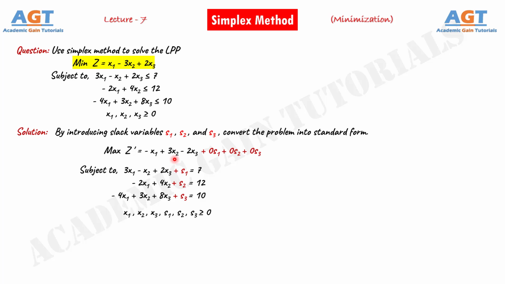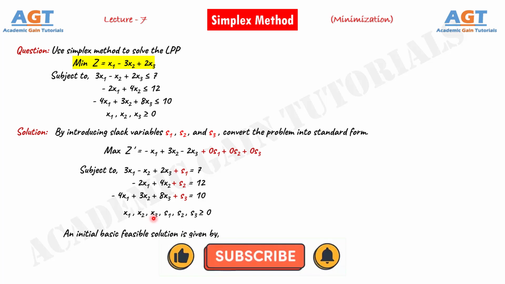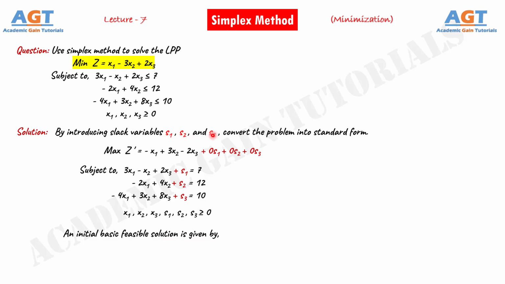Now, for the second step we will find the initial basic feasible solution. If we see here, we have 6 decision variables now. The decision variables x1, x2, and x3 were given in the problem, and we introduced the other 3 variables, s1, s2, and s3. The value of the decision variables that were given in the problem will be 0, so we will write x1 equals to x2 equals to x3 equals to 0.